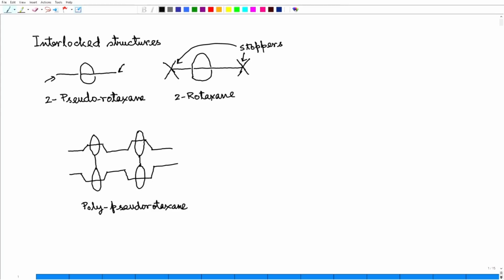Basically, you have 2 macrocycles connected, and I take 2 linear units, and they will go inside to form this. Why will they go here and here?